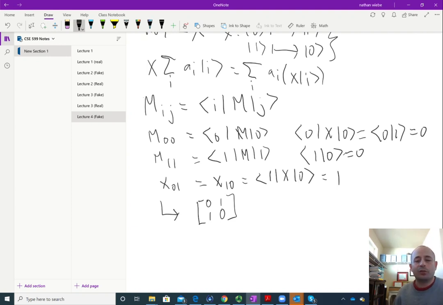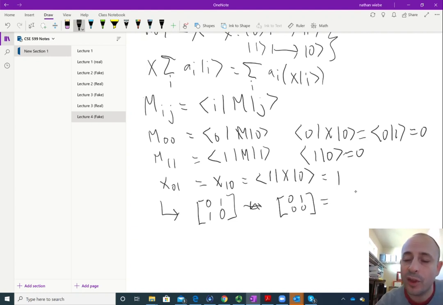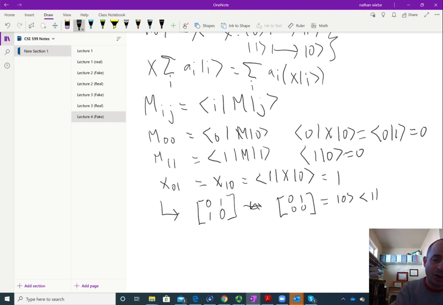Similarly, we can express this in Dirac notation just by noting that the matrix 0, 1, 0, 0 is equal to |0> outer producted with <1|. If you just do the matrix multiplication between these two vectors, you'll note that you end up getting this.